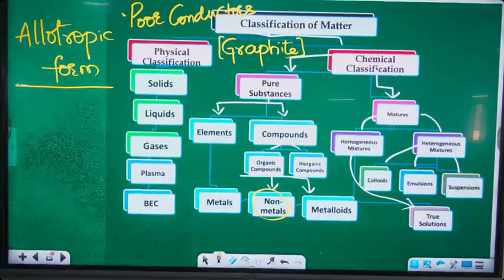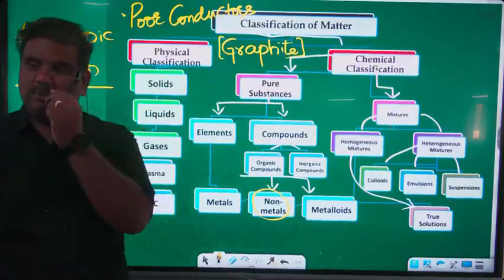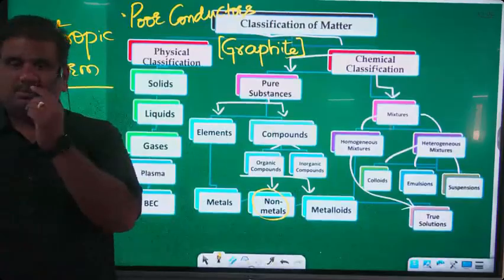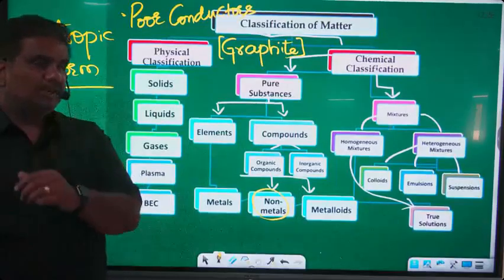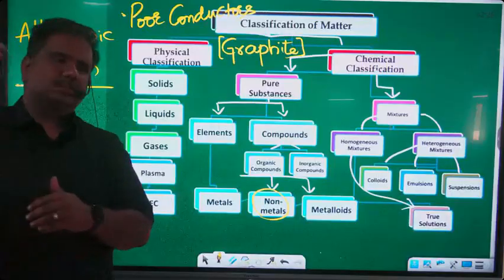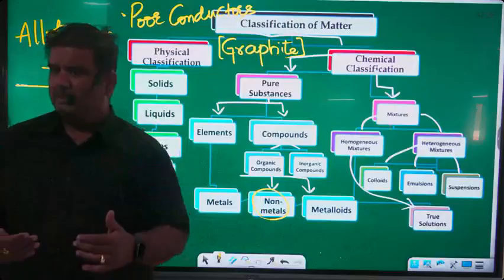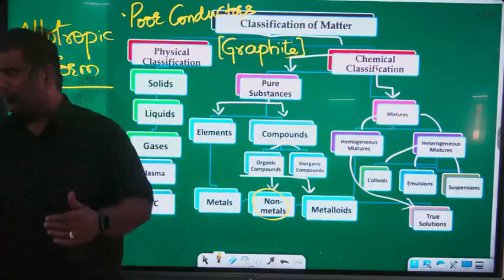Right. Now for example, in this particular classroom, the front benches, almost 6 to 7 benches, are occupied by the girls, and the rest of the boys are sitting at the back. This is one type of arrangement.